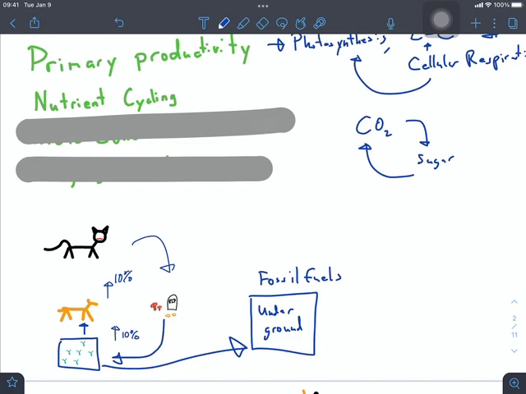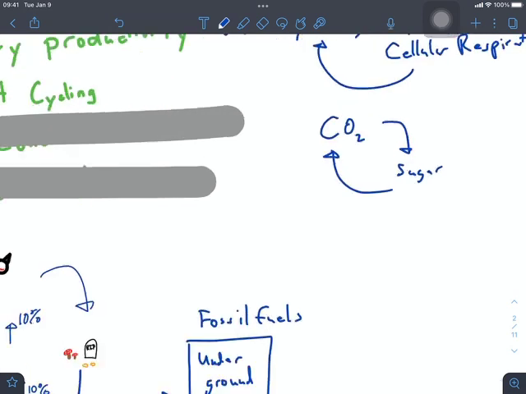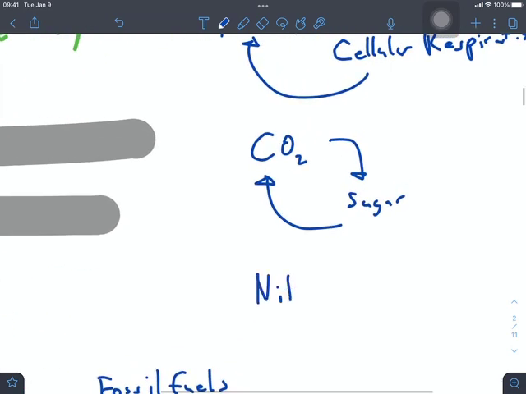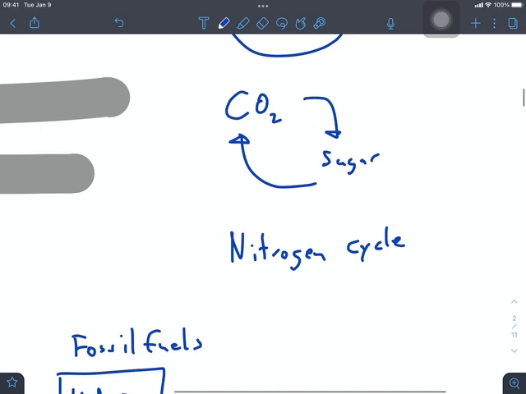Another cycle that I think it's important to understand when discussing ecology is the nitrogen cycle. Now, nitrogen is an incredibly important building block of our organic molecules. Most importantly, nitrogen is found in both proteins and nucleic acids at high abundance.